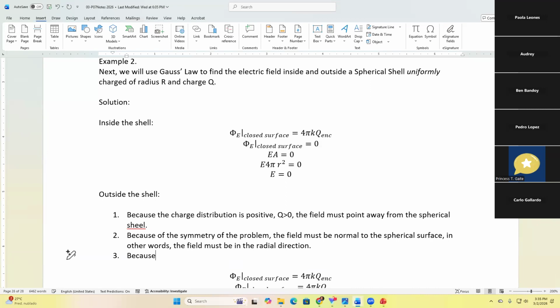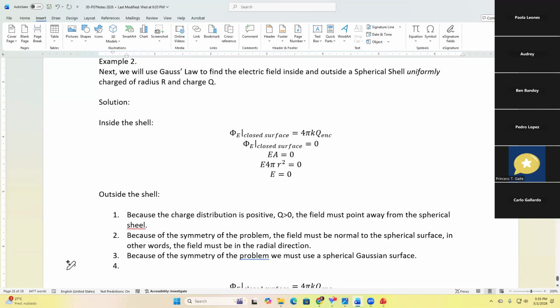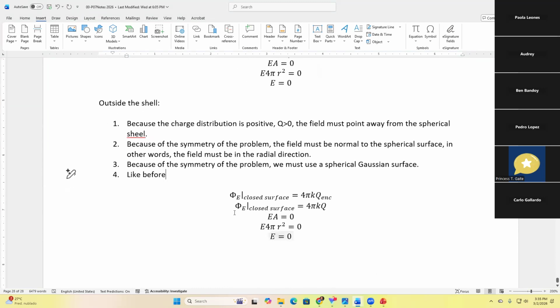3, because of the symmetry of the problem, we must use a spherical Gaussian surface, right? 4, like before, the electric field is parallel to the area vector.